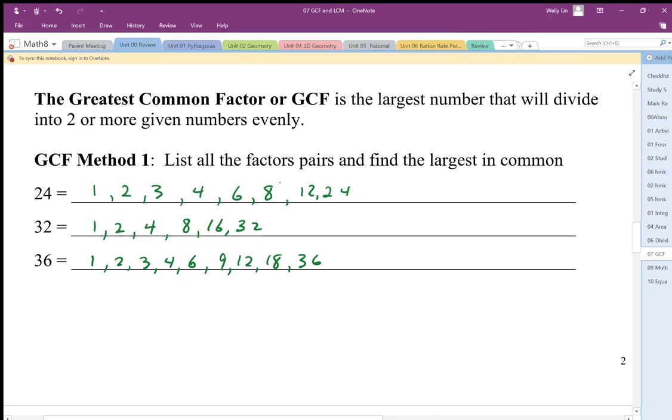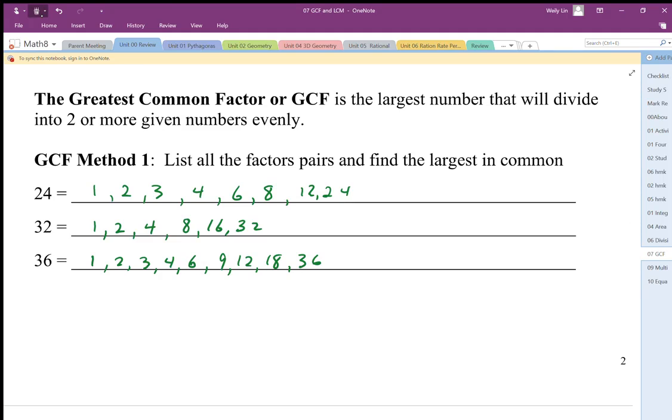What I'm looking for then is the biggest number that's common to all three lines. When I look through this, I can see there's a common 8 here, a common 8 here, but there's no common 8 here. If I go higher, there are common 12s here, but there's no common 12 here. So I need to go lower. There's a 6 here, but there's no common 6 here.